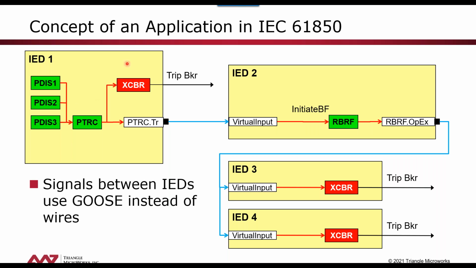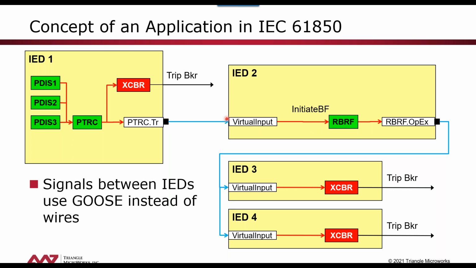What we see now is we still have internal signal exchanges between these logical nodes like before, but some of our signal exchanges are now going between the devices, and that's where we typically will apply GOOSE messaging. In the traditional world, you would have applied wires there, you would have routed this signal to a physical output, you would have created a wire going to a physical input in the other device.